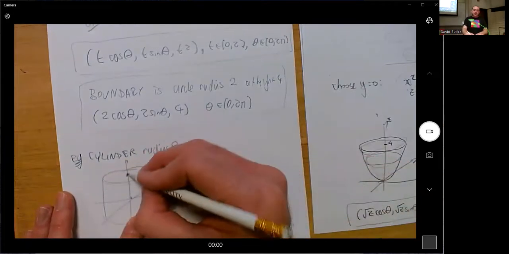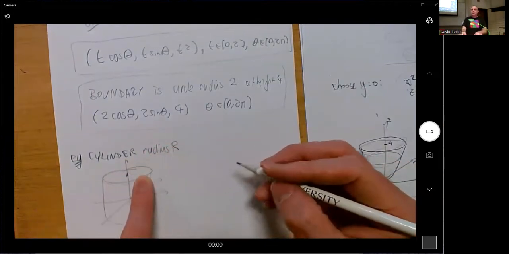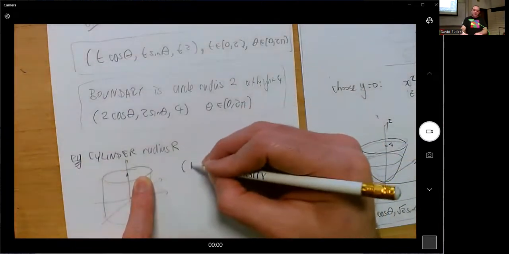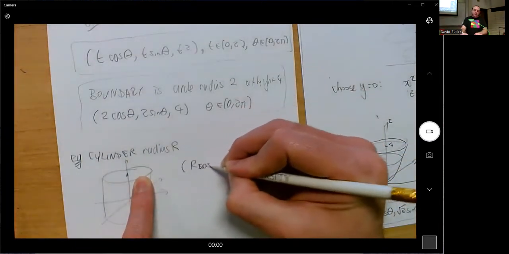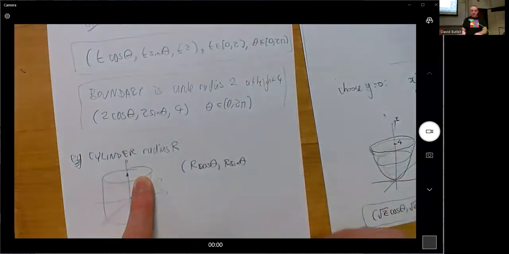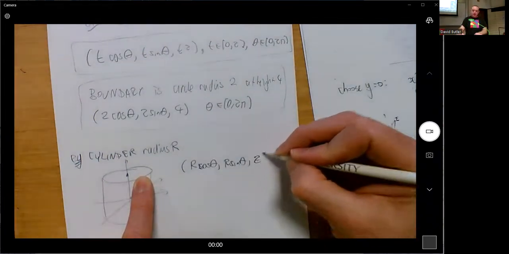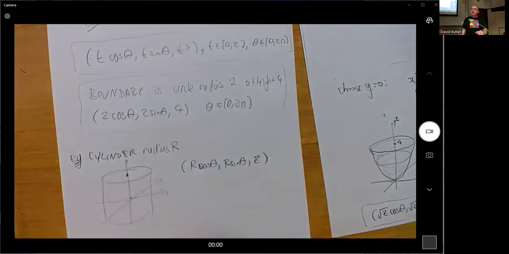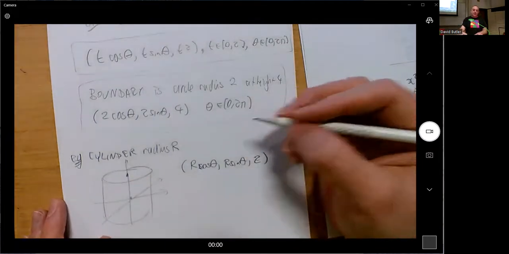Every Z will produce the same circle, and so you'll get R cos theta and R sine theta for the x and y coordinates, and then there'll be a Z to tell you how high you are. And that will be the surface of a cylinder.